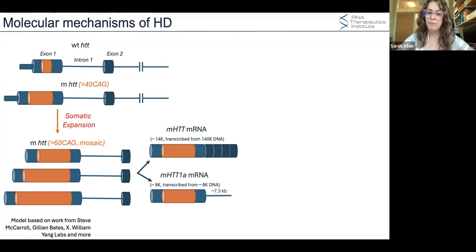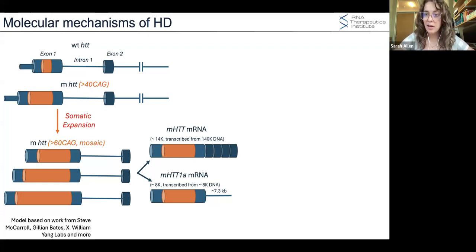So the mutant Huntingtin mRNA is translated, but not only this, this expansion results in an alternative splicing event that creates an alternative transcript. This transcript consists of exon 1, where that expanded CAG repeat is, as well as a bit of intron 1, around 7 kb.